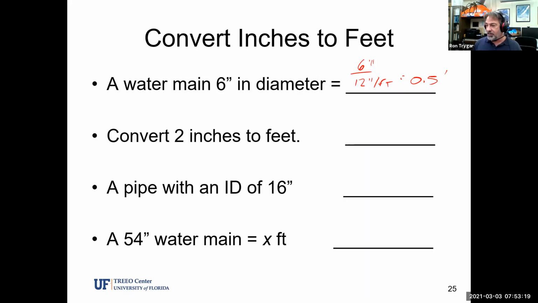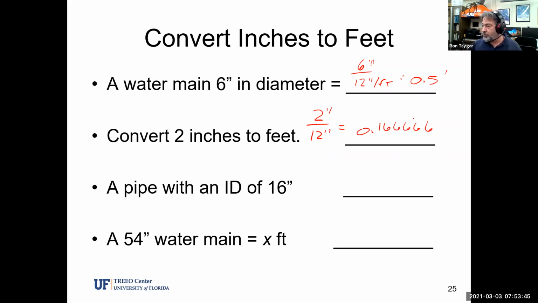Convert 2 inches into feet. So we're simply going to go 2 inches divided by 12 inches. Let's see, we get 2 divided by 12. I got 0.166666, and it keeps right on going. I said I was going to do the rounding where I only keep 2 of the digits after the decimal point.